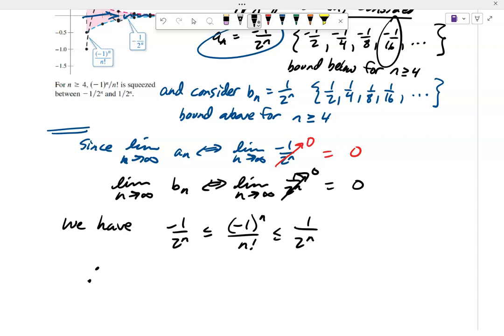Therefore, since this is converging to 0 and that's converging to 0, then the sequence between them, despite the initial few terms, must also converge to 0 by the squeeze theorem.